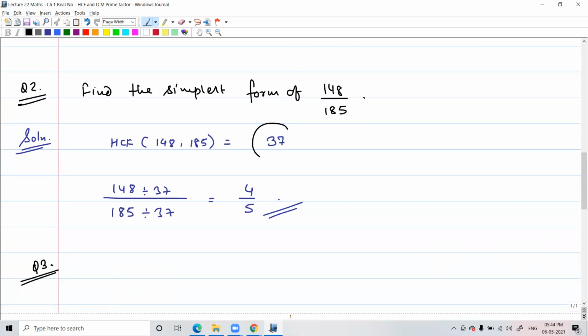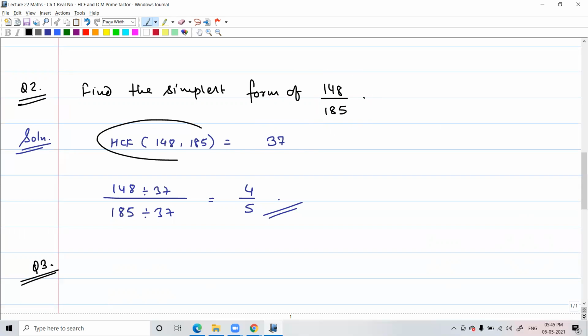But as you can see, 37 is the common factor, which is a prime number. So if you were trying to do this by the normal method, like trying to cancel it by 2 or 3, 4, 5, 6 like that, you would have had to go up to 37. So that will not work for big numbers like this. And sometimes you may get even bigger numbers than this one, right? So what is the best way to bring this kind of fraction to the simplest form?